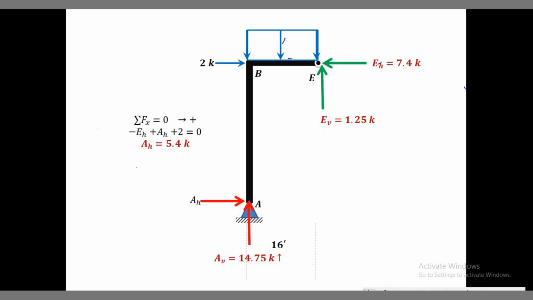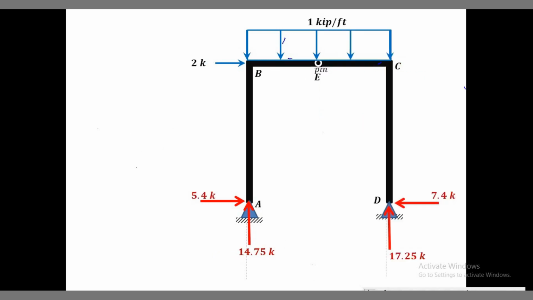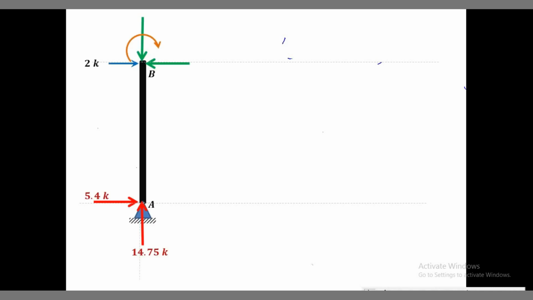Okay. Next. So, nasolve ko na external reactions. Pwede na akong magsolve by member. So, I'm going to consider now member AB. Nasolve natin kanina yung reactions, that is 14.75 kips and 5.4 kips.